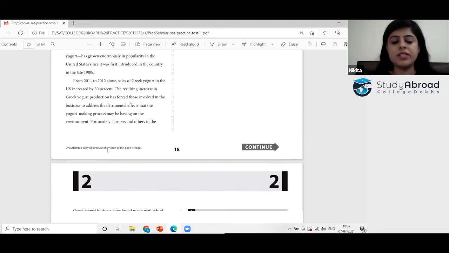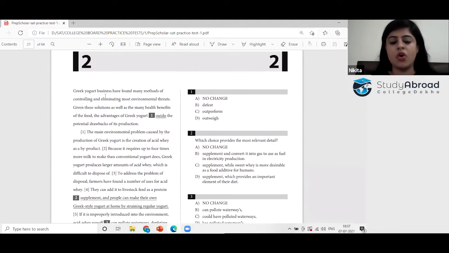Fortunately, farmers and others in the Greek yogurt business have found many methods of controlling and eliminating most environmental threats. That means the idea of a negative connotation is being taken care of by the farmers.